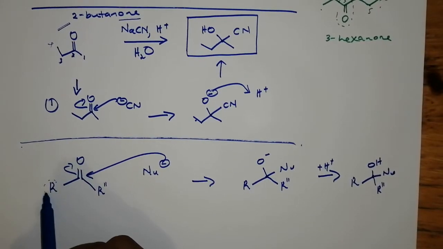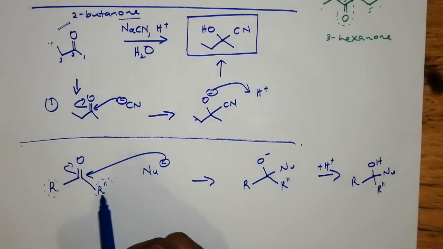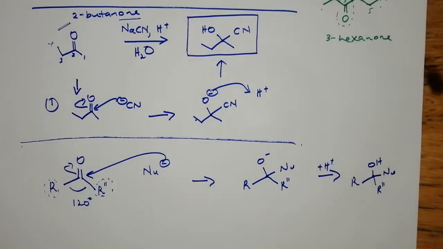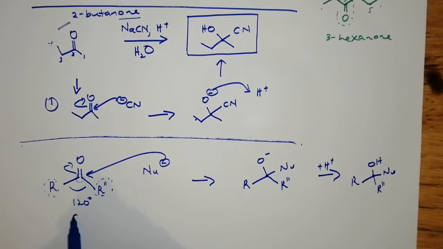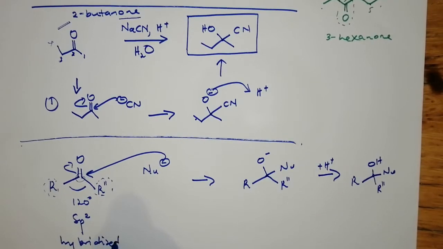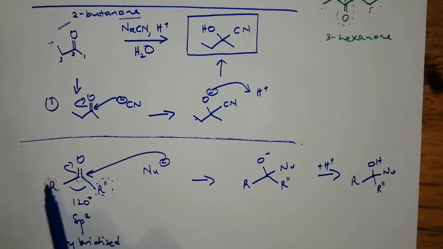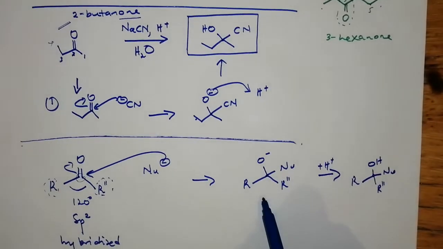That this alkyl group and this one, the angle here is 120 degrees, right? And also this is sp2 hybridized. And so when the nucleophile attacks, we are going to have something like this.